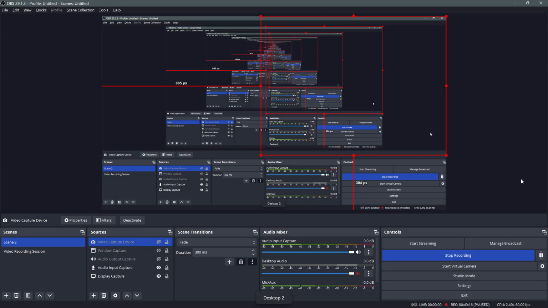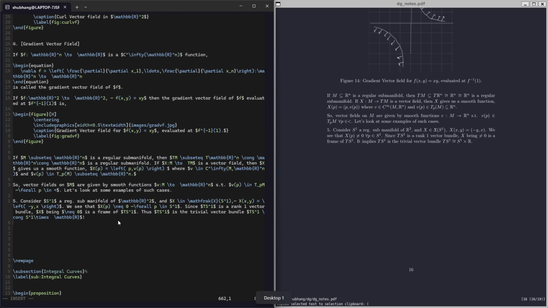Time for another image. S1VF.jpg, a vector field on S1.